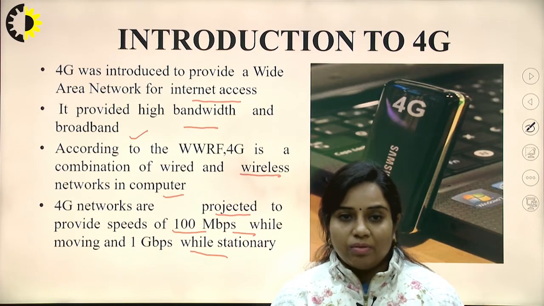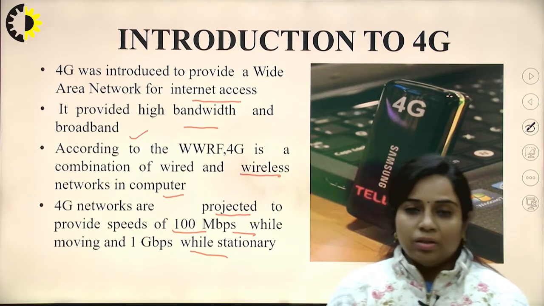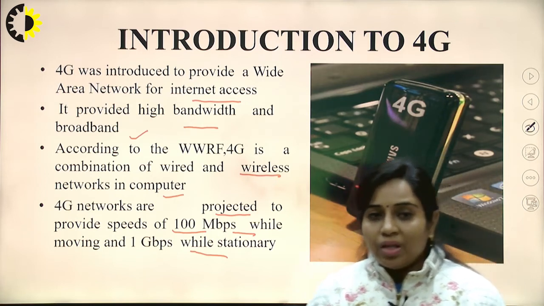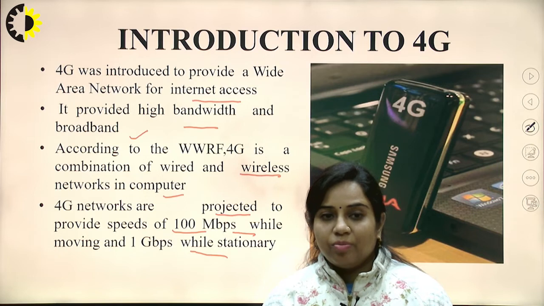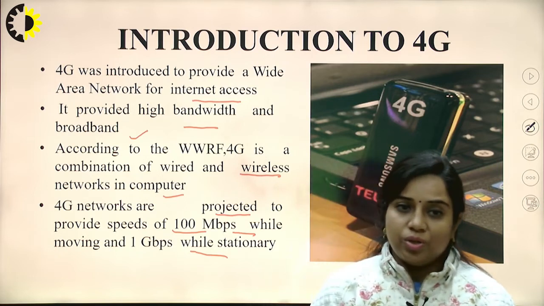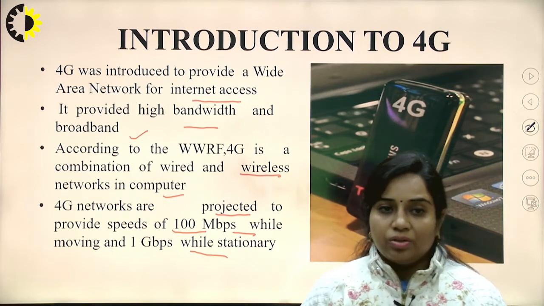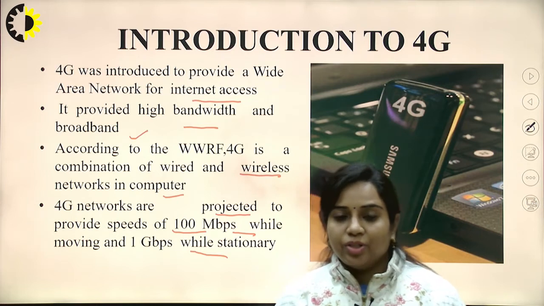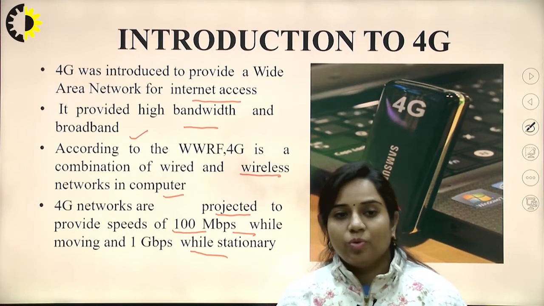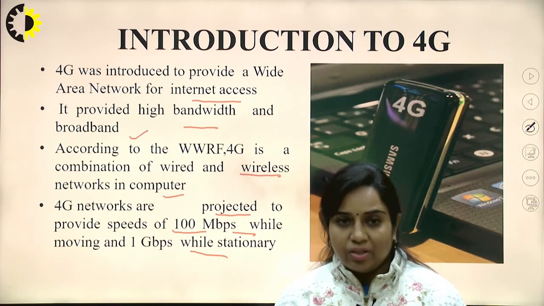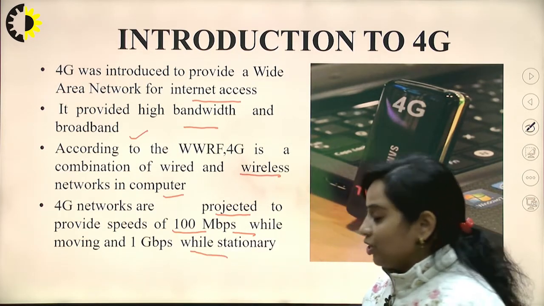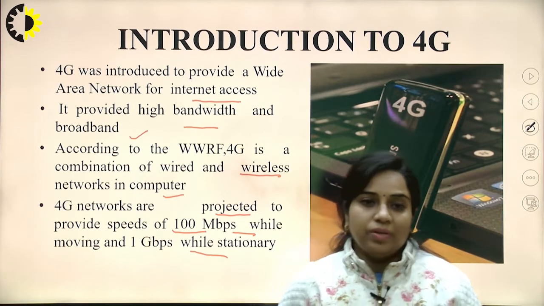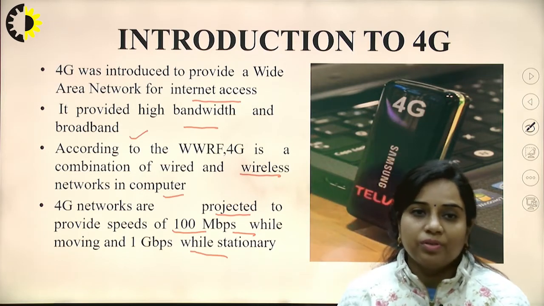There are many options: the transmitter and receiver may be moving in nature, or they may be stationary. In case of moving, multipath propagation comes into the picture, so it will provide a lesser bit rate, allowing 100 Mbps of data. For a stationary transmitter and receiver, it will allow 1 Gbps of data.